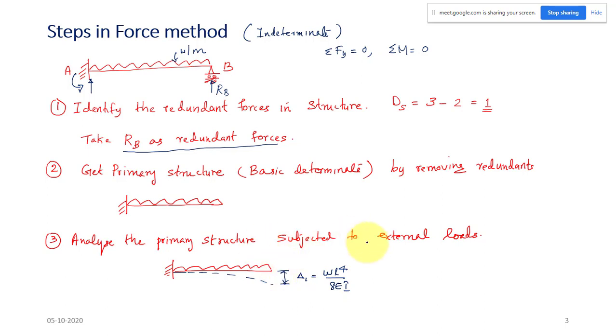For a cantilever with UDL, the deflection at the free end is going to be wL to the power 4 by 8EI. So the outcome of this analysis is the displacement. That is the third step, and now we can go to the fourth step.